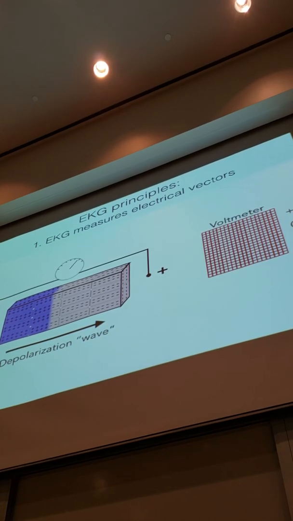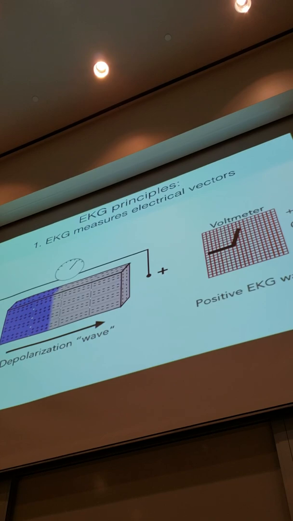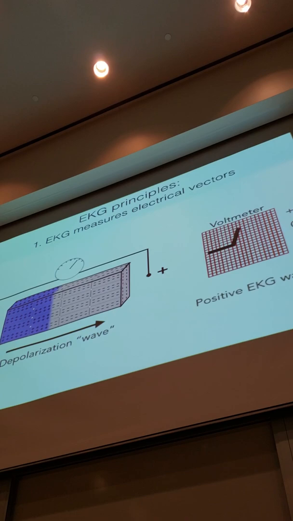And if we have a depolarization moving to our positive electrode, we see a positive deflection on the EKG machine. So in electrocardiography, we're not measuring the absolute state of membrane potentials. We're measuring movement towards the electrode or away from the electrode. That makes sense?